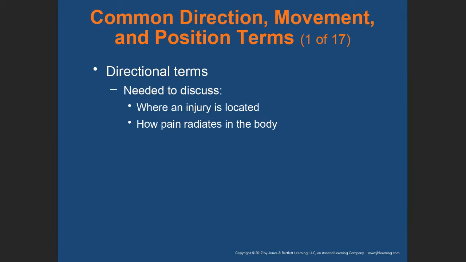We cannot say that the patient got a cut on his hand on the side there. It has to be specific. So that's where the use of directional terms comes into play. And we can't say the pain moves all over. We need to be specific.